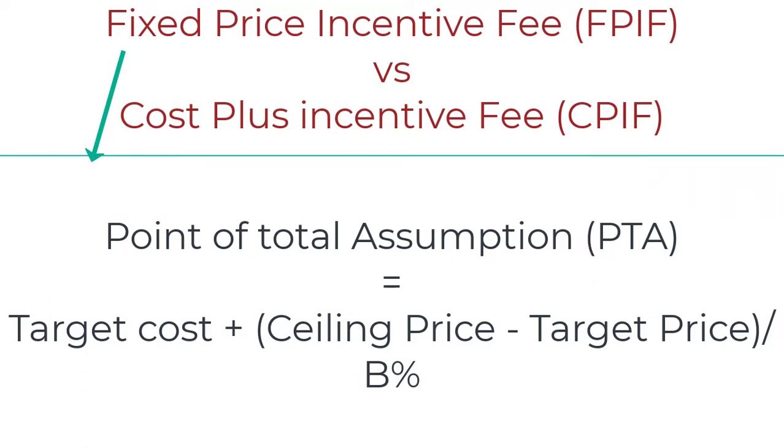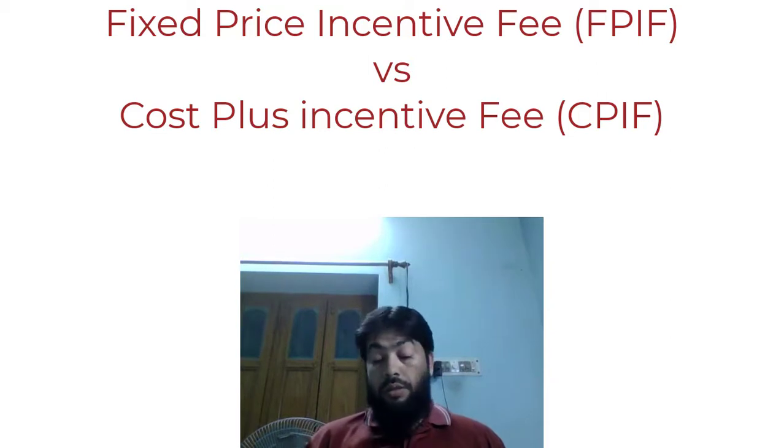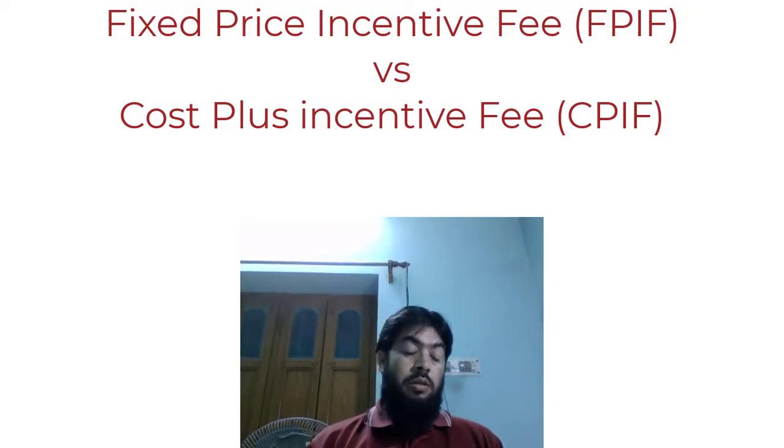Before you actually start the project, you can work out the point of total assumption, PTA. Hope it is clear and will not be mistaken. There will be questions asking you to differentiate between fixed price incentive fees and cost plus incentive fees.